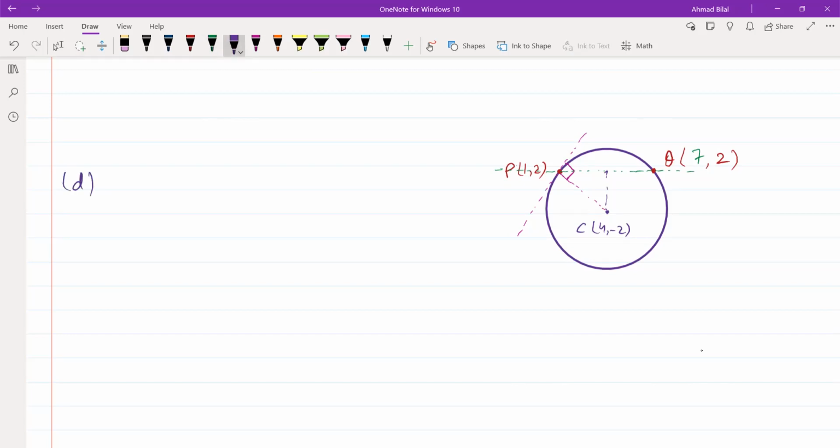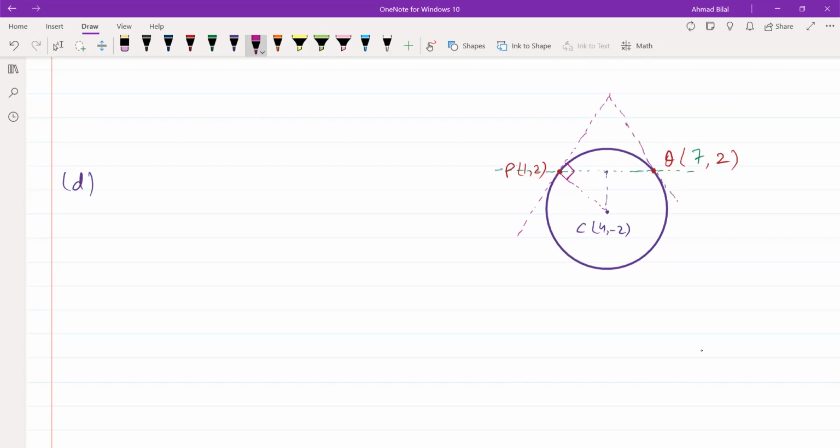So I removed whatever I had written above there, and I have two tangents coming from P and Q. So we've got one tangent coming from P, and I have another tangent coming from Q. That looks like this.